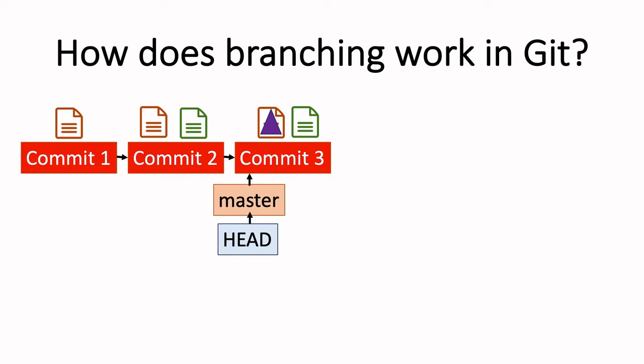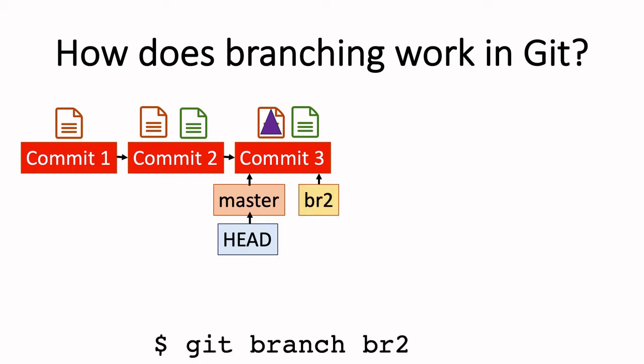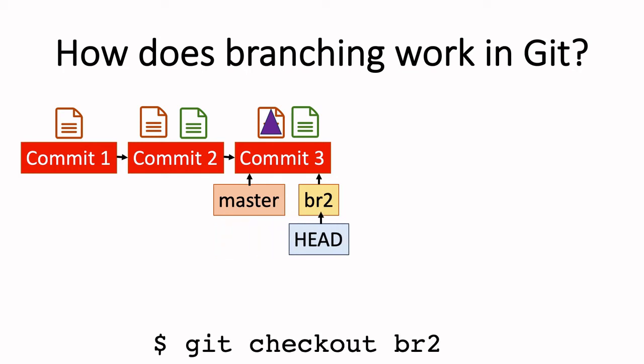If the head pointer points to a branch label, then new commits will be added onto this branch. So in our example from the last video, let's say we create a new branch called br2. It will be created where head currently is, so it will coincide with the master branch. If we now check out br2, we can make commits onto the br2 branch.